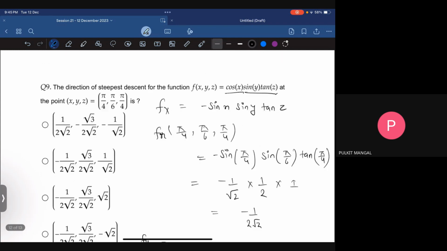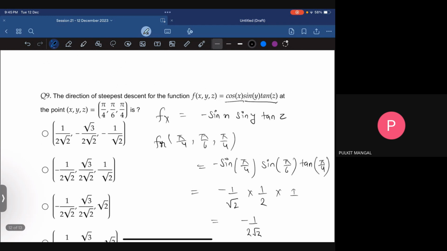Now fy. Again for the y case, cos x and tan z would be constant. Only change will happen in sin y. What would be the derivative of sin y? Cos y.